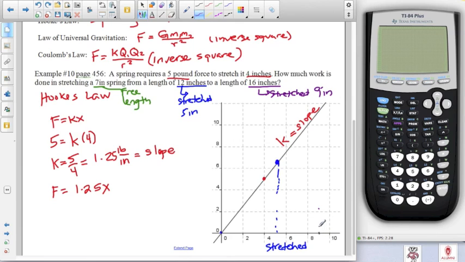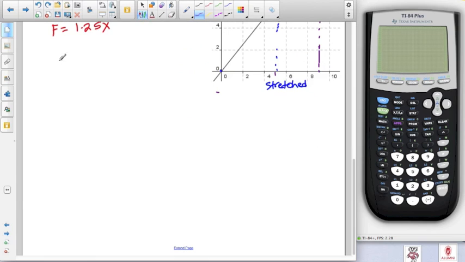So that represents this location on the graph. So we're really looking at finding the area of this trapezoid here. Okay, that's the work done to stretch it from 12 to 16 inches in length, which would be stretching it from a distance that is 5 inches to a distance of 9 inches in stretched length.